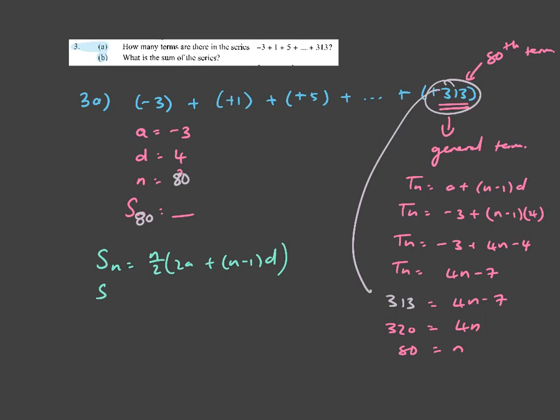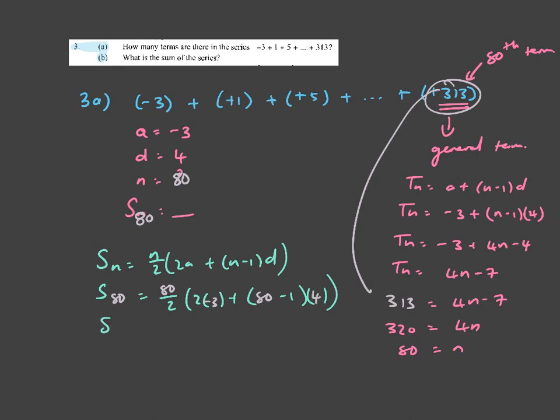So the sum of 80 terms is 80 over 2, 2 times a, n minus 1 times the difference. a is again negative 3, there are 80 terms in this sequence, and the difference is equal to 4.